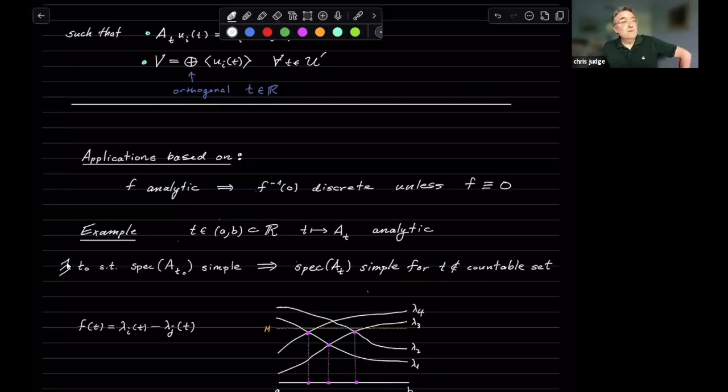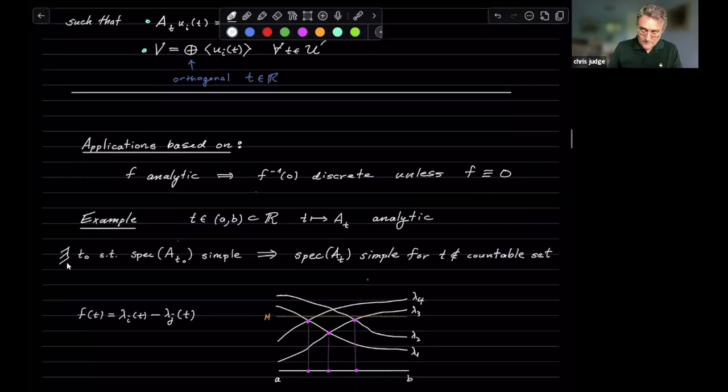That's a basic complex analysis fact. But it's wonderful because it tells you that unless your function is a constant, in particular 0, there will be a lot of places where it's not 0, and not 0 may be a good thing for you. Okay, and that's what happens in these examples.